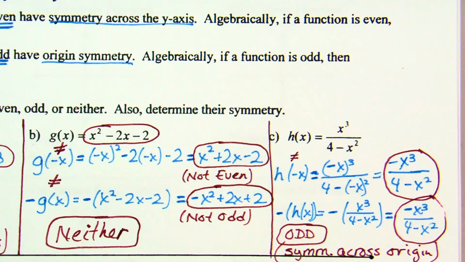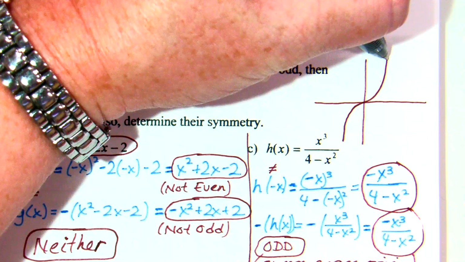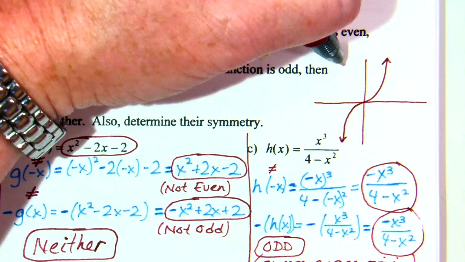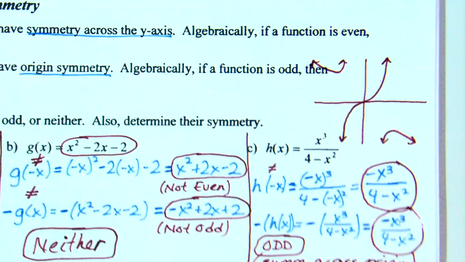If you want a visual in your notes, there's a little spot up here. I was going to put a little sketch. It's not going to be great, but I have what I'll call a cubic in the middle. We'll talk about that more next lesson. And then we have these pieces of the graph doing this thing over here. Okay?